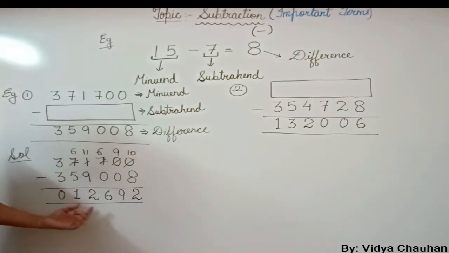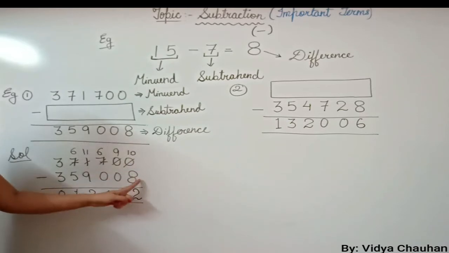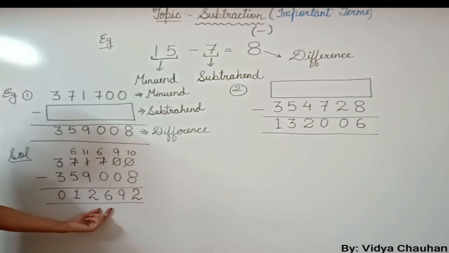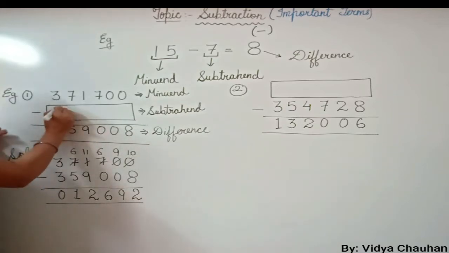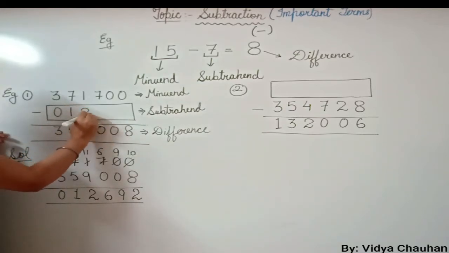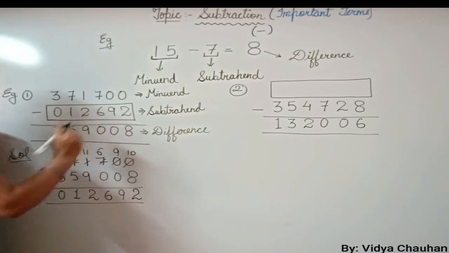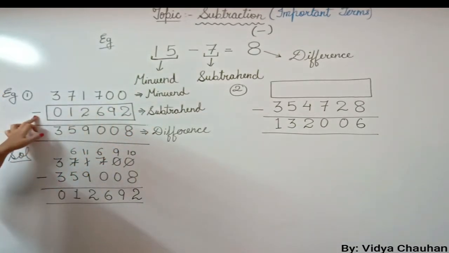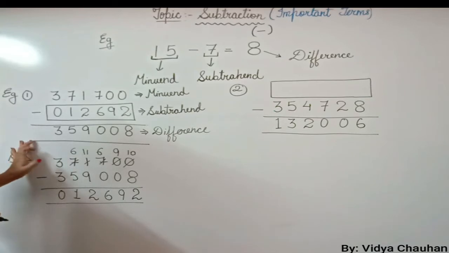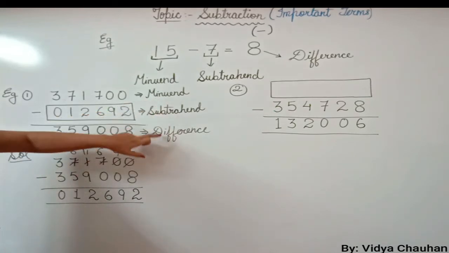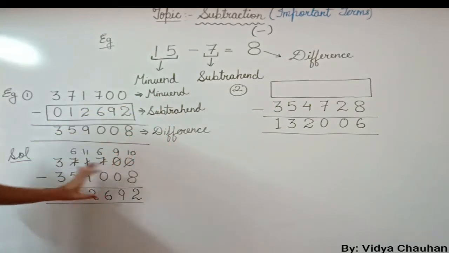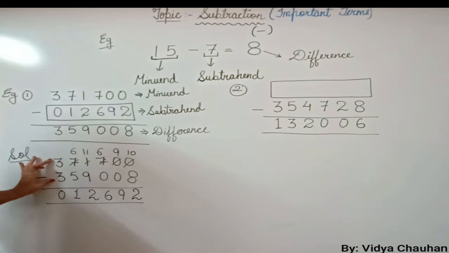So by subtracting the difference from the minuend, we find the subtrahend. What is the value of subtrahend? 0, 1, 2, 6, 9, 2. This is our subtrahend. Clear, students? So whenever you have to find the subtrahend and the minuend and difference are given to us, then we have to subtract the difference from the minuend.